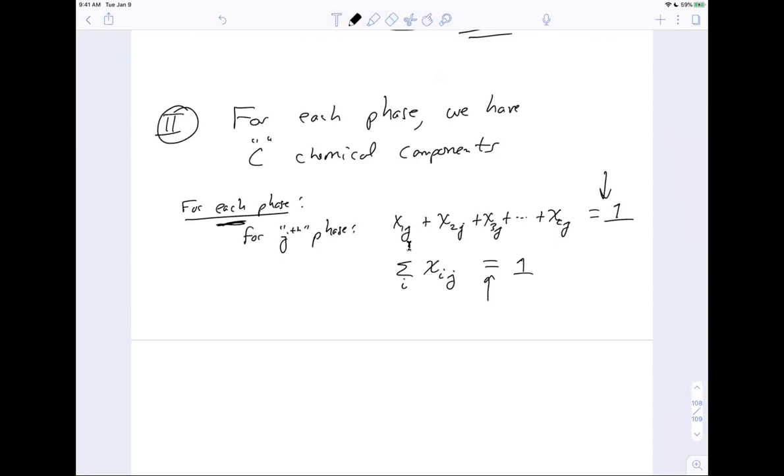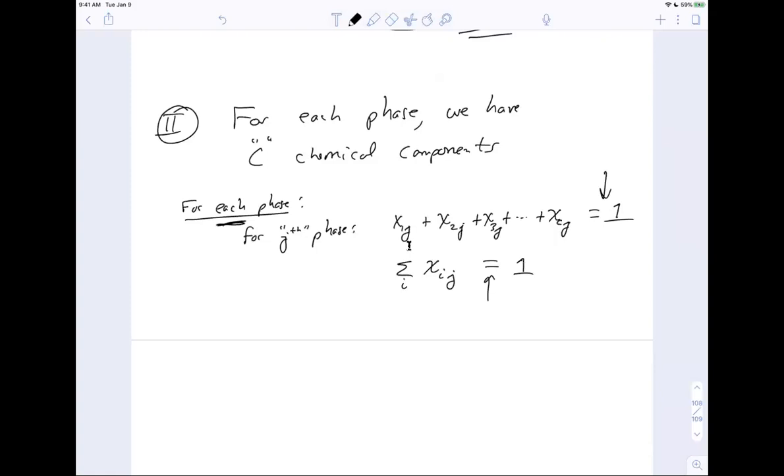Does that make sense? So we lose one constraint from each of the phases. That means we can't specify one thing in each phase, and that is one composition.